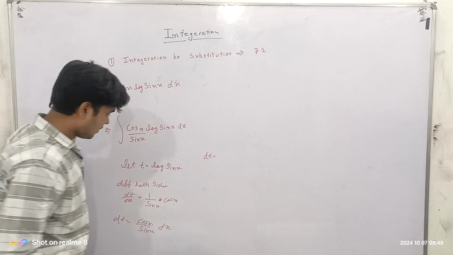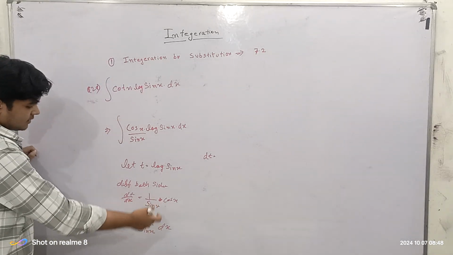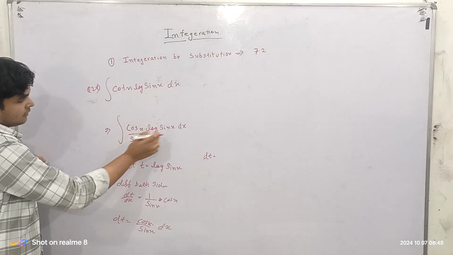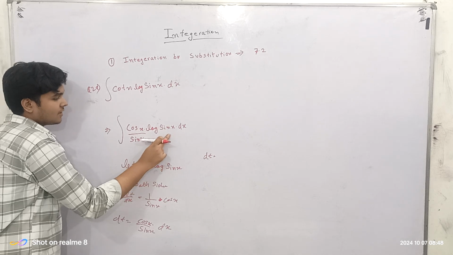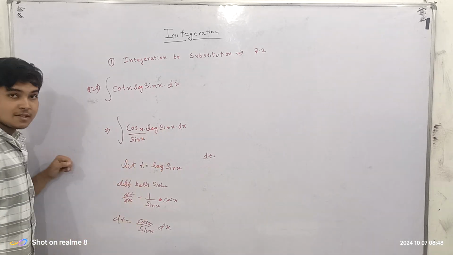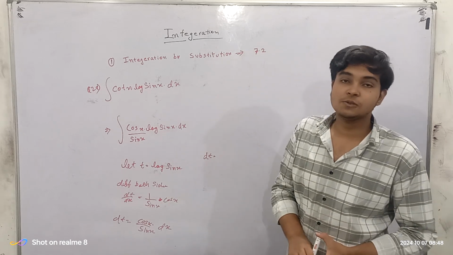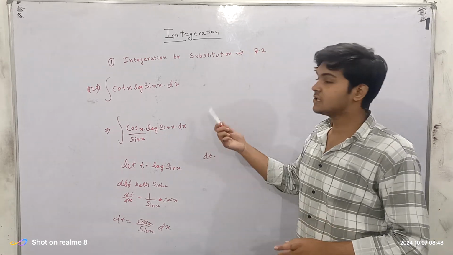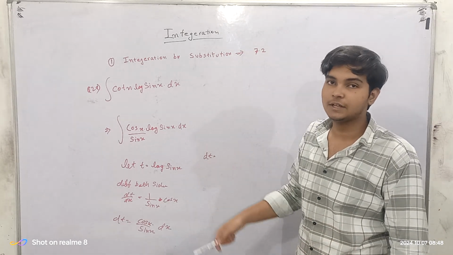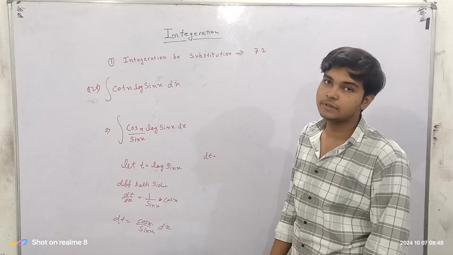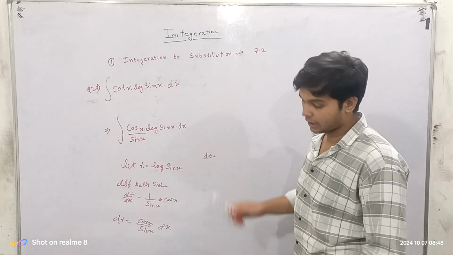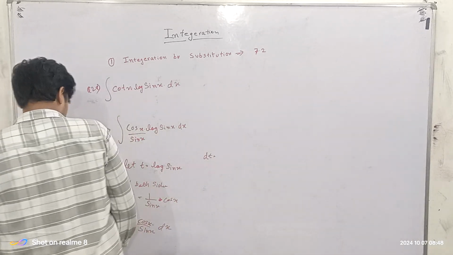By differentiating this function we get this function. In substitution, if by differentiating one function we get the other function, then we are going on the right track and our substitution is correct. By this we can find it.